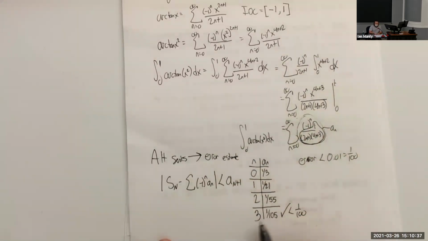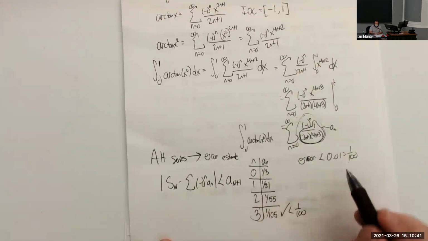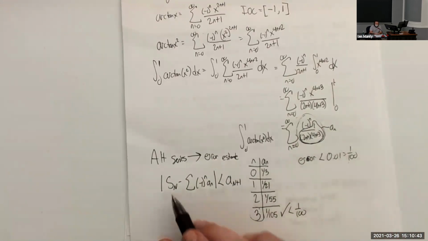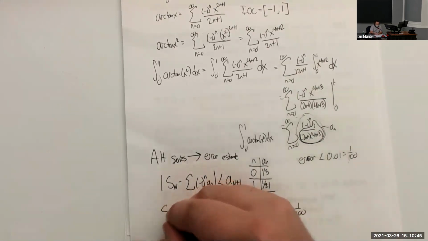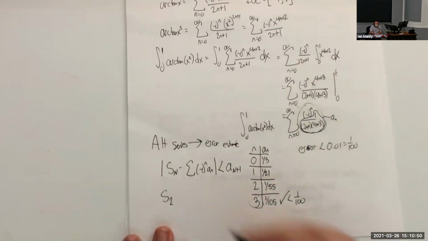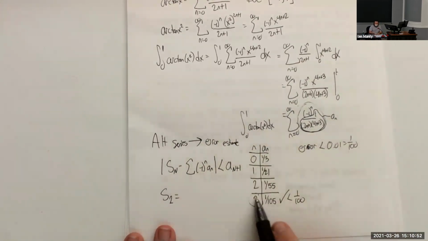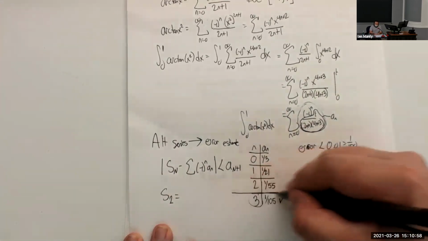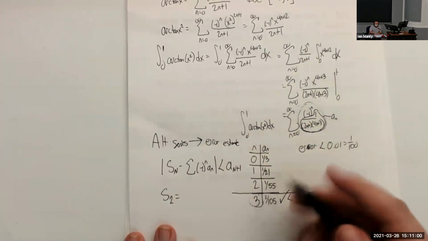So that means that if 3 was the first one to be less than 1 over 100, then the n we're going to use here is 2. So S2 is what we're going to use. We use whichever one we had before we got to the one that went under the threshold. So we're going to stop at 2.